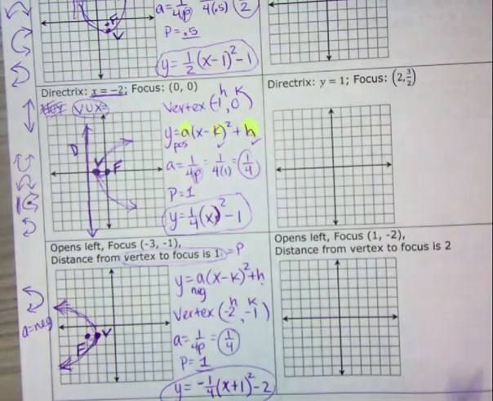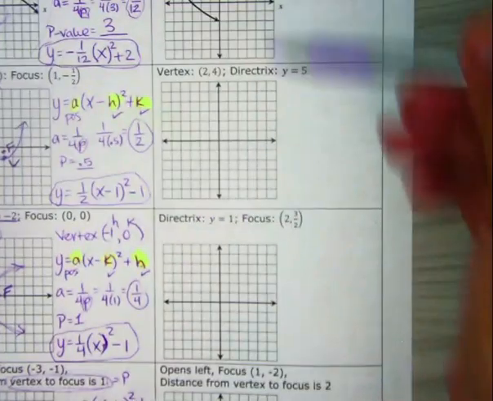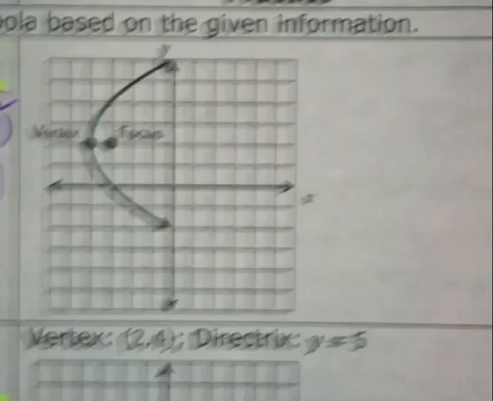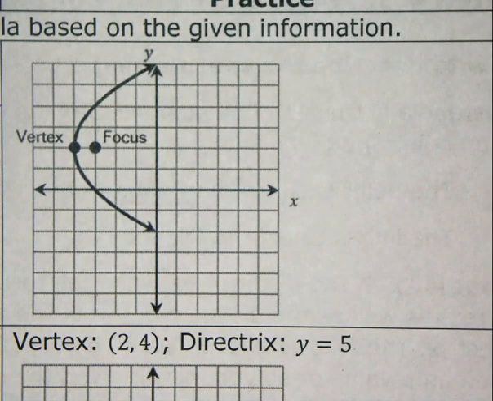During class, I did the examples on the left side of this paper, but in this video I'm going to explain the examples on the right side. Our goal is to write an equation of this parabola given the information we have here.